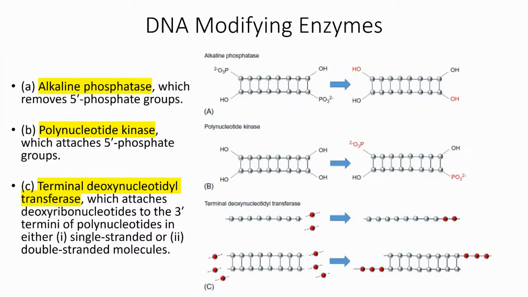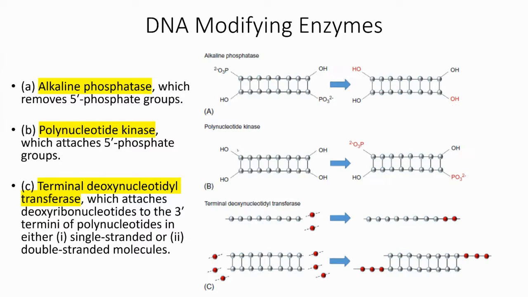Remember in the beginning I mentioned the phosphatase, right? They can attack this phosphomonoester bond. So here, alkaline phosphatase removes this 5' phosphate group and replaces it with a hydroxyl group.